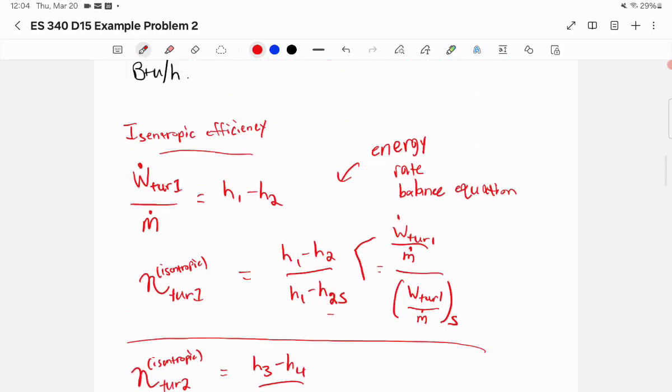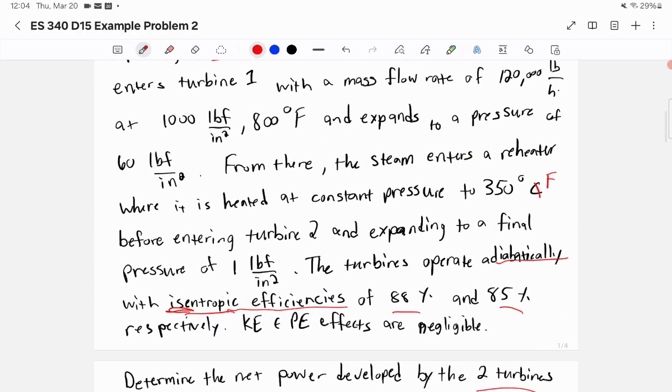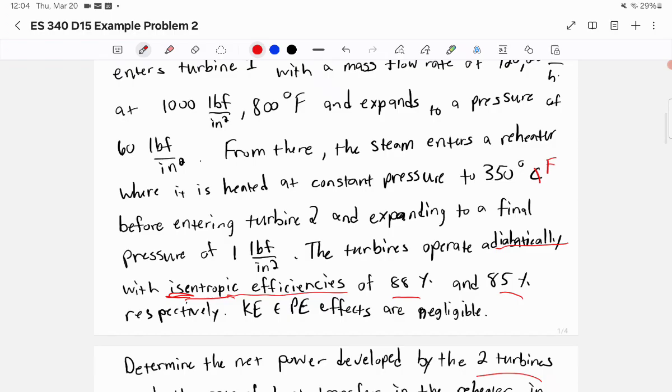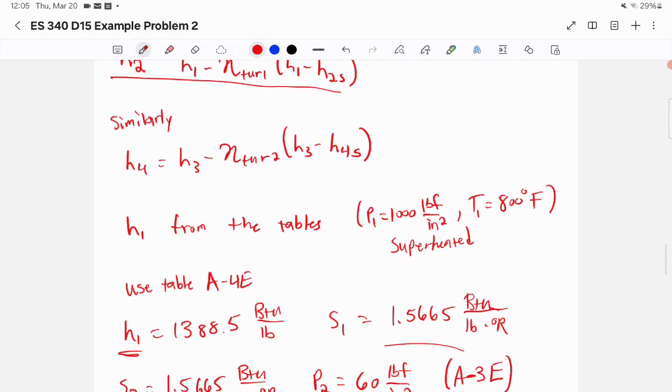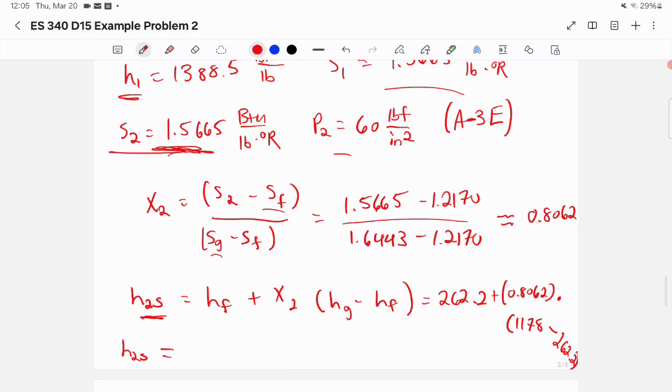That's what all of those values here mean. When we use the terminology with S, 2S or 1S or 3S, 4S, whatever the case may be, that means we assume that it was happening isentropically. But my H2S then becomes 1000.5 BTU per pound. Okay?